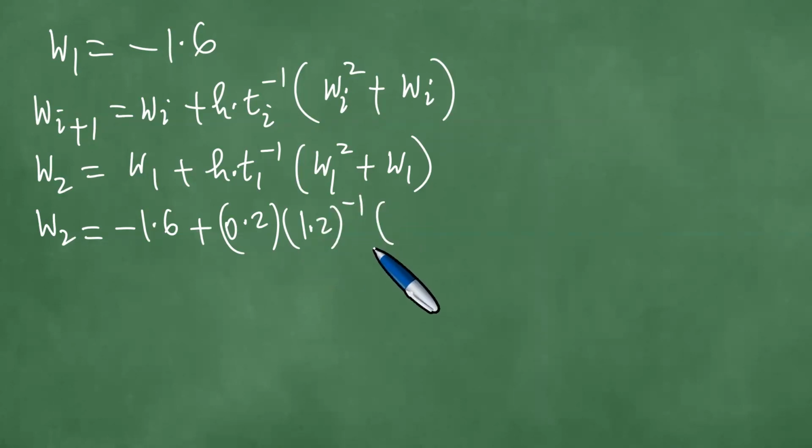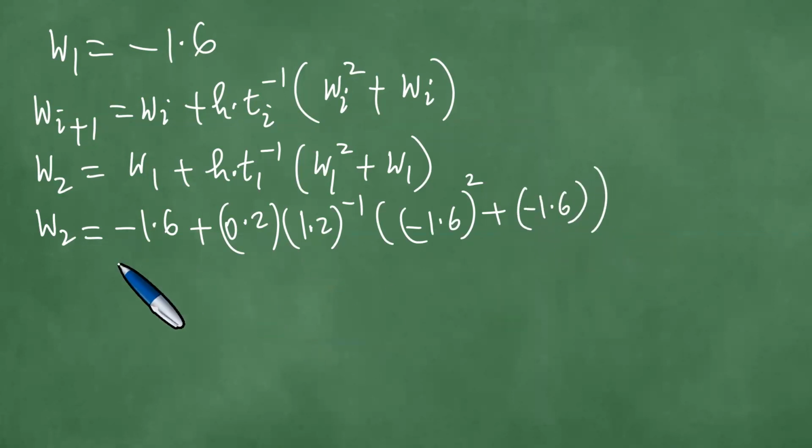And then we have W1, minus 1.6. We square this one, and W1 is minus 1.6. Just practicing with this Euler method. I'm going to do a couple of other methods after this. The formulas can change a little bit. Sometimes you can find that it's not W that is being used.